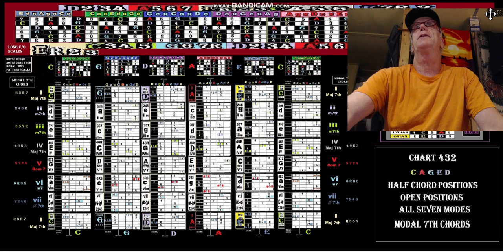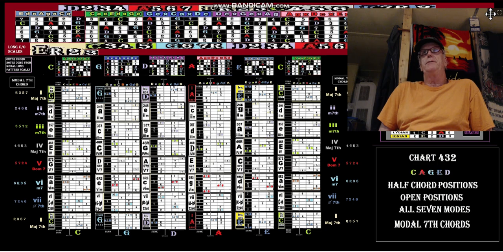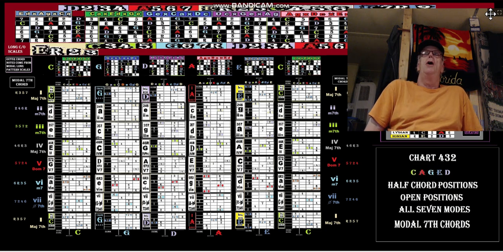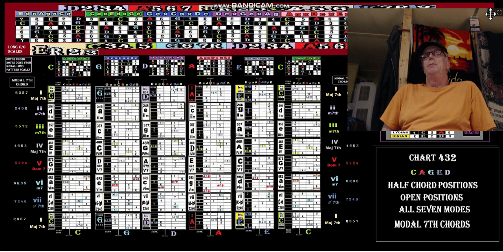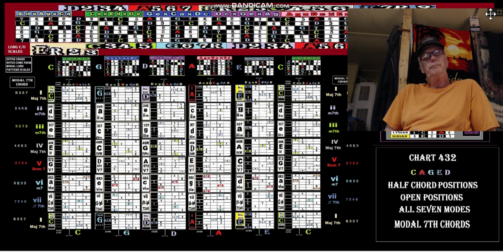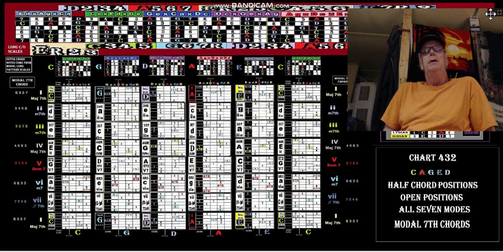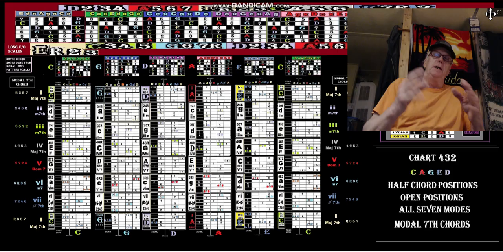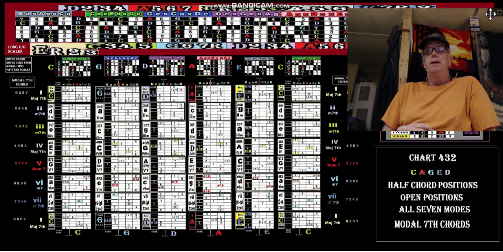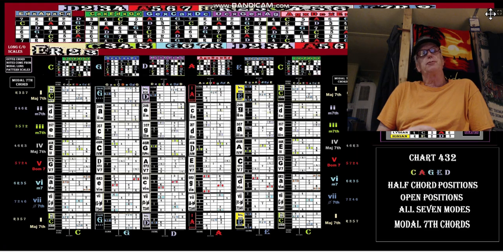So today's chart, 432, CAGED half chord positions, open positions, all 7 modes, modal 7. As you remember from last time's lesson, we were talking about the 12 CAGE system, where we're pinning it down to a key, to use cages in a particular key that's related to the lowest playable note.